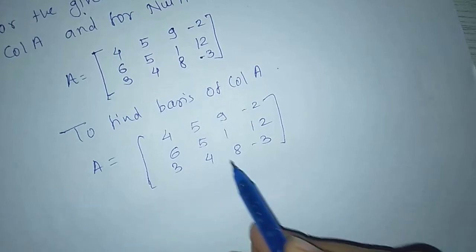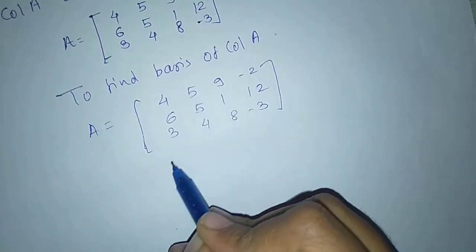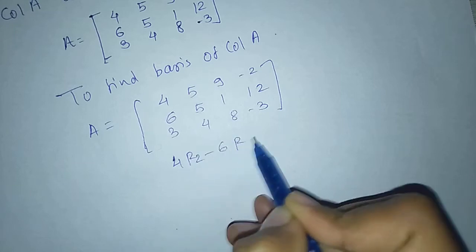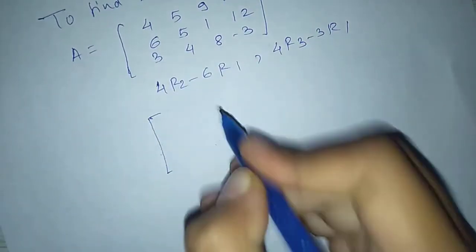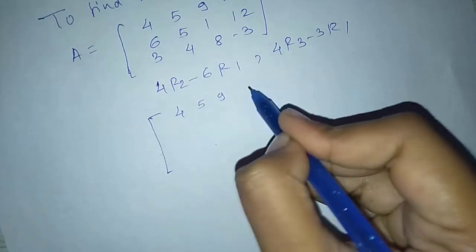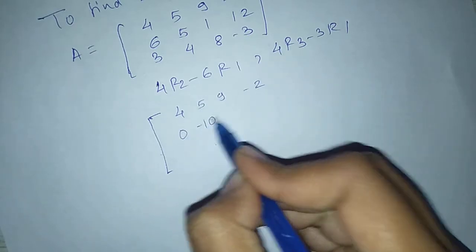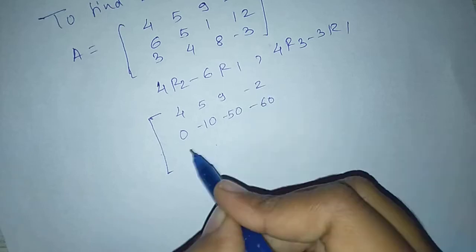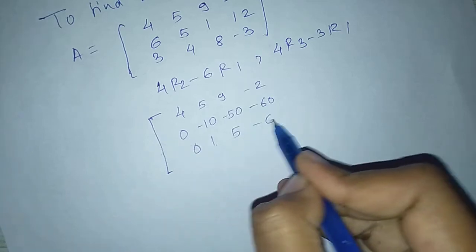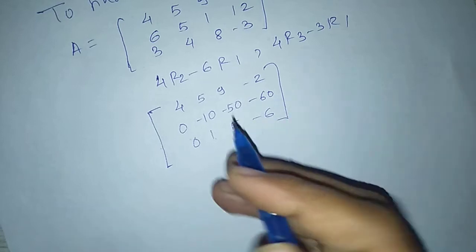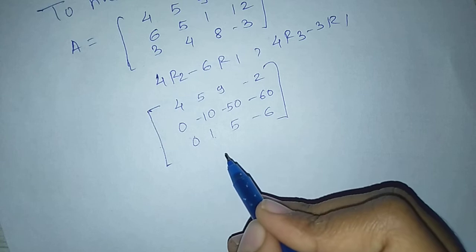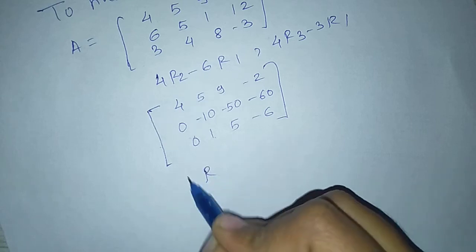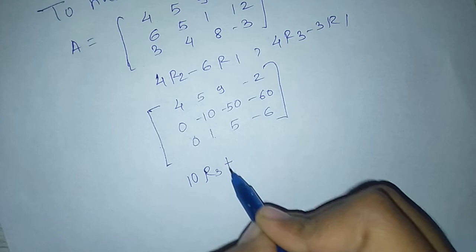First row operation is 4R2 minus 6R1, 4R3 minus 3R1. We get 4, 5, 9, -2; 0, -10, -50, -60; 0, 1, 5, -6. Next row operation is 10R3 plus R2.